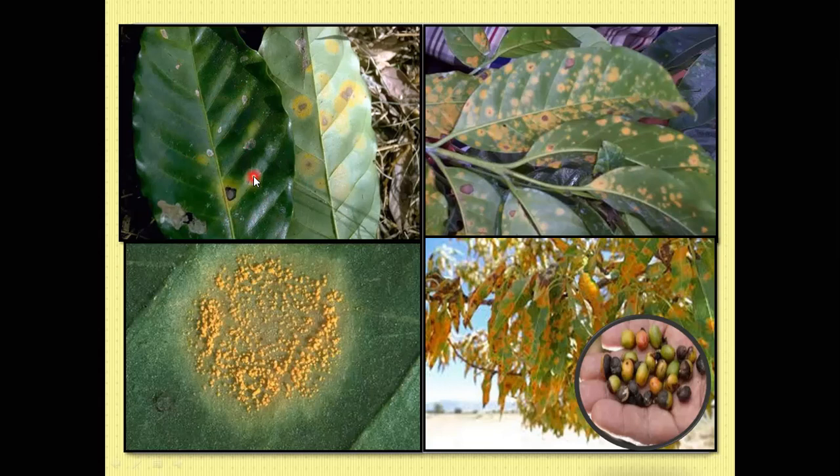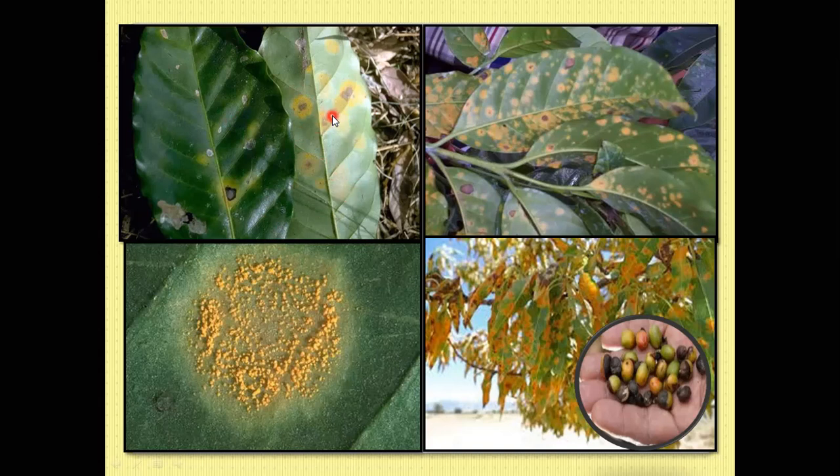This fungus develops lesions, and these lesions may be orange yellow in color. These orange yellow lesions develop particularly on the underside of the leaf.